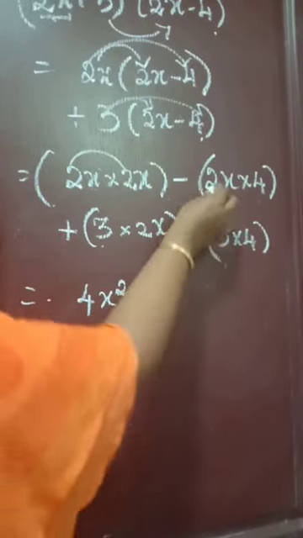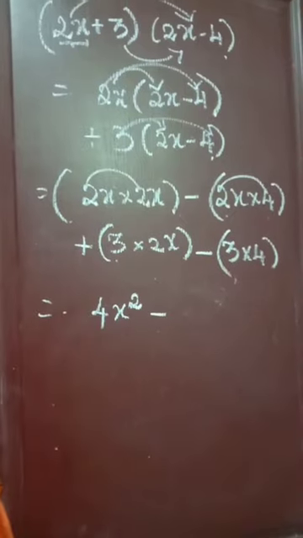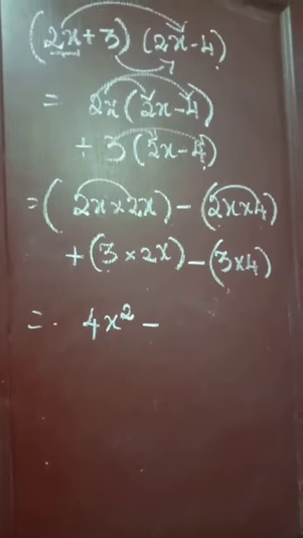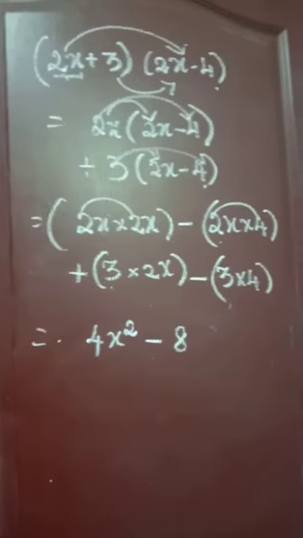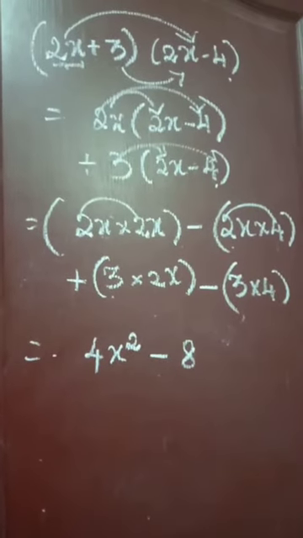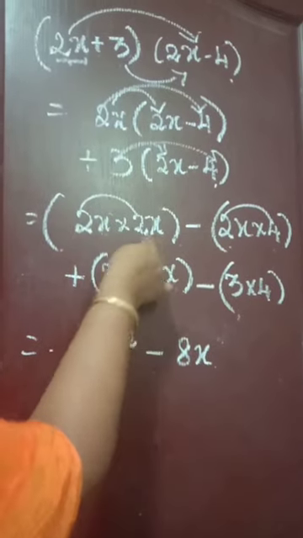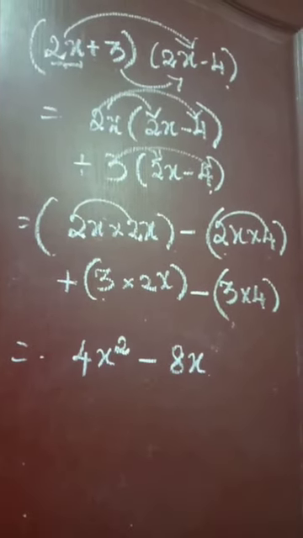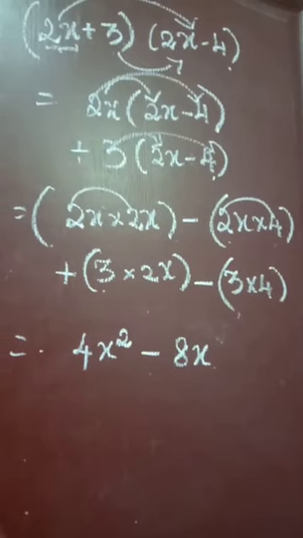Next, minus is there. Next multiply the numbers. 2 4s are how much? Yes, 2 4s are 8. What are the variables? Only one variable, x. So x into x means you add the power; here only one x, so I write x.